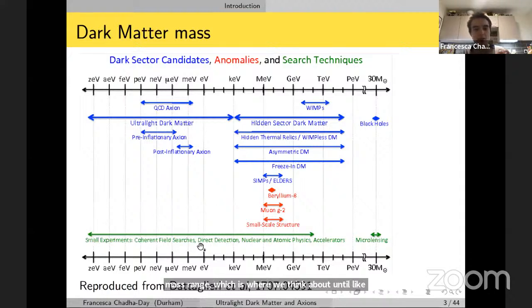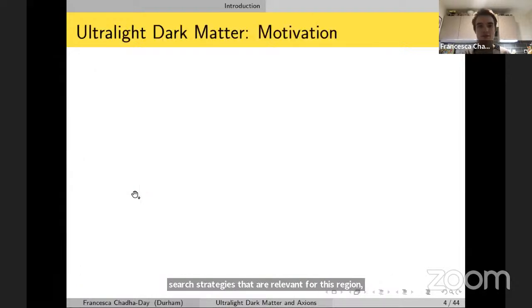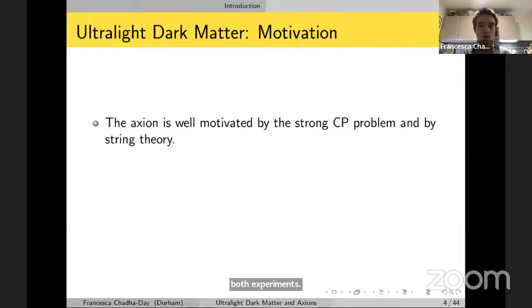And we know that there are a whole range of experimental search strategies that are relevant for this region, both experiments and astrophysical detection. The motivation for ultralight dark matter in particular often comes from the axion, which I'll talk more about later.